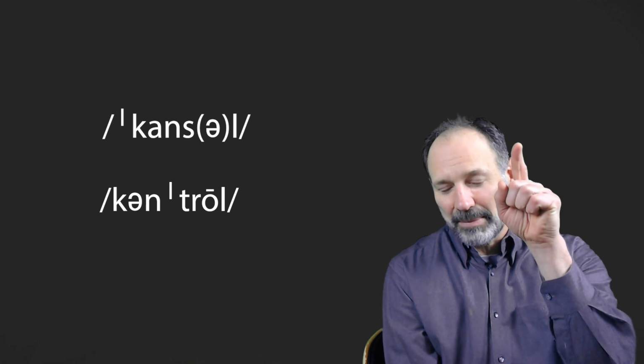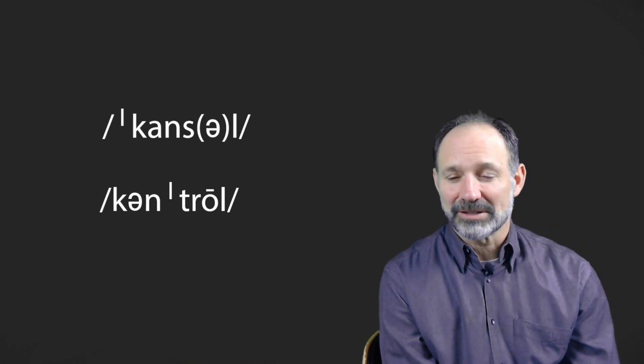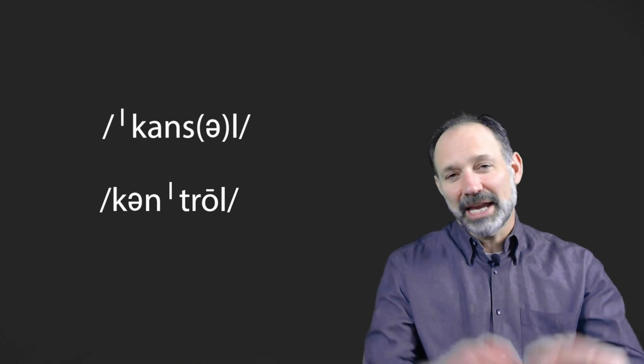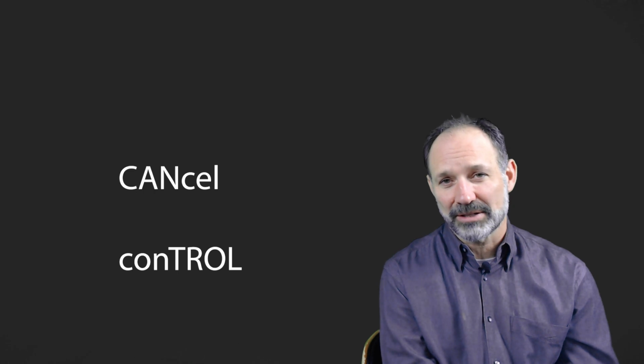So that apostrophe shows you which syllable is stressed. So if you can't figure out by just trying to say it a couple ways, look it up in the dictionary, look for either that apostrophe, or sometimes they'll capitalize the stressed syllable.